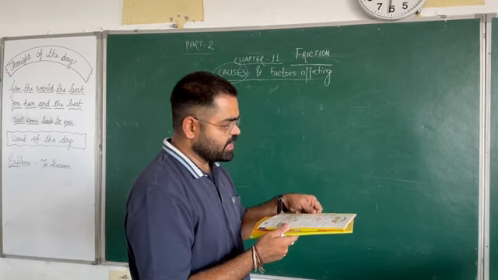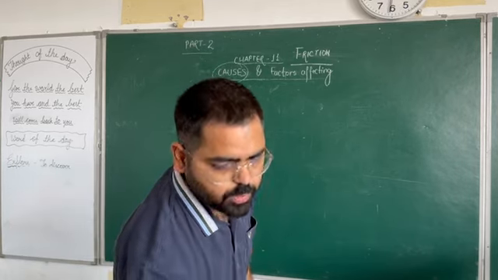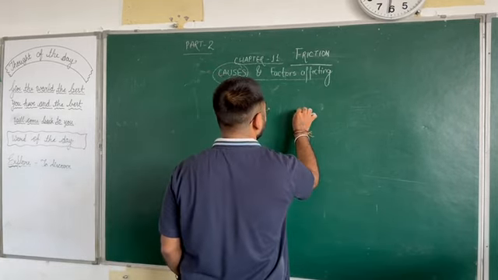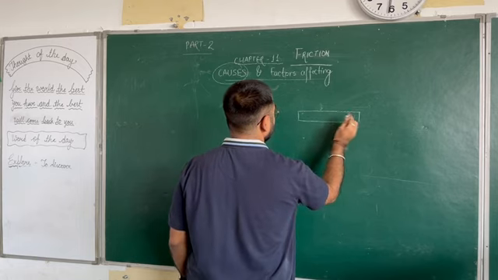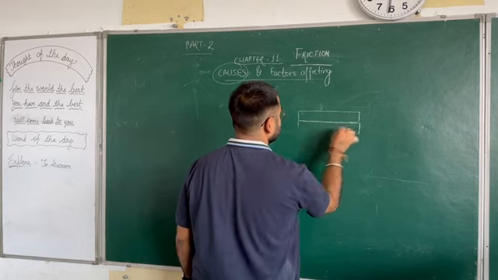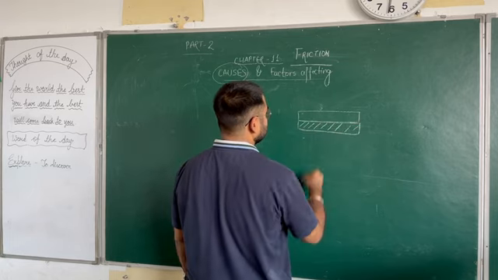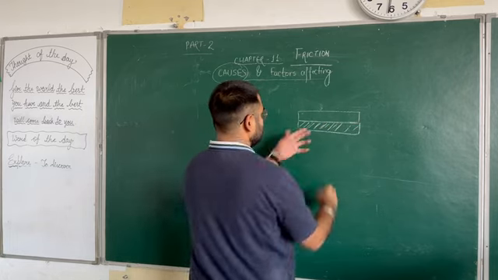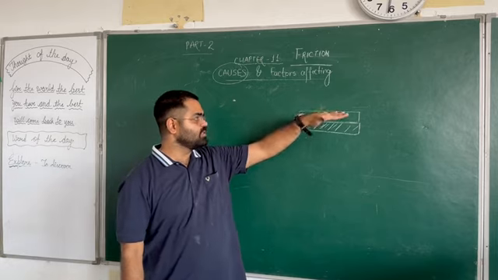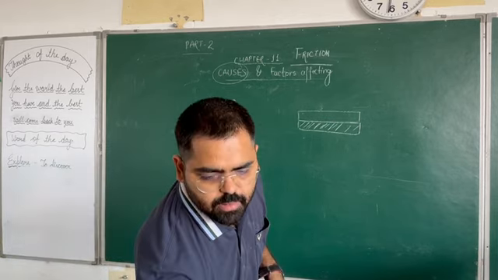I am keeping these two books over here, one book like this and the other one like this. Just for having a sort of partition, I am marking it in such a way. So consider that these are two books kept in such a way.